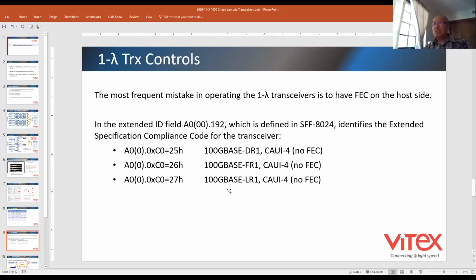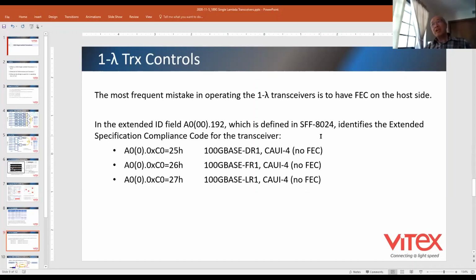When you look into the document SFF 8024, it defines what the host would do and what the optical side, the light side, the transceiver would do. There is lots of information, and you need to read that table very carefully.